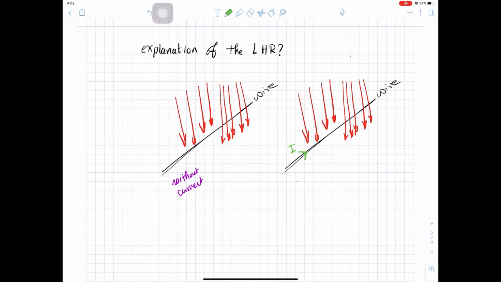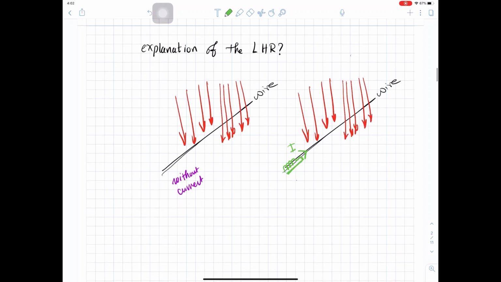To find the direction of these flux lines, you will hold the wire with your right hand. The flux lines will be going around in circles, and these circles are in this direction according to the right hand rule.